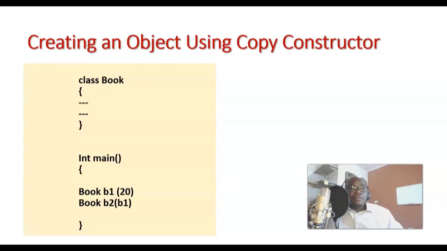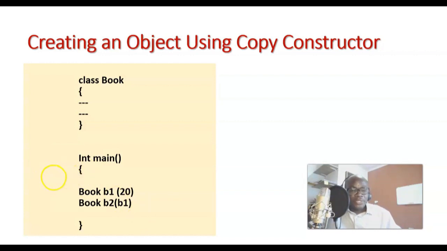Now, like you saw whenever we defined a constructor, in the main method we were creating objects. And this is how we shall create an object when using a copy constructor.